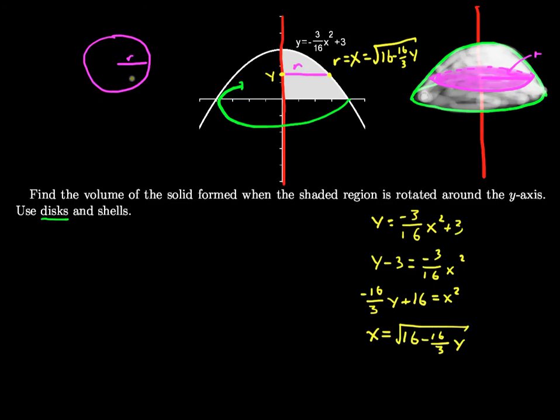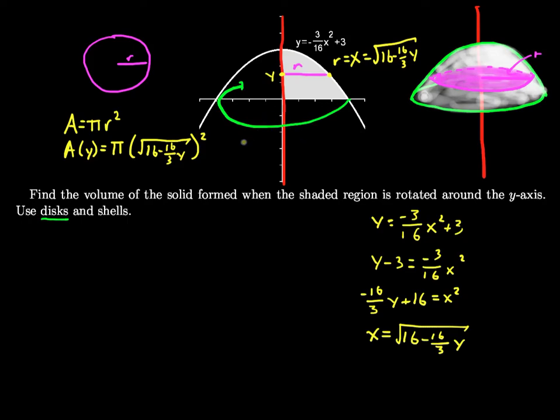I know that the area of each of these circles is pi r squared, and the radius is this value right here. So the area in terms of y equals pi times the square root of 16 minus 16/3 y, squared.